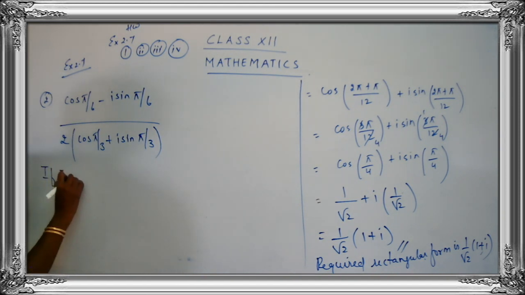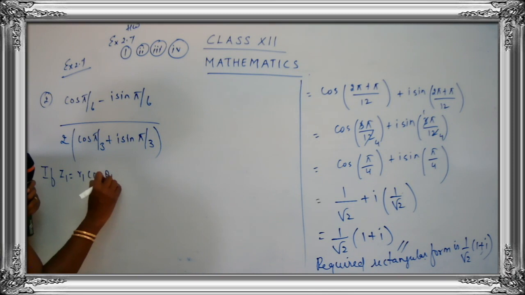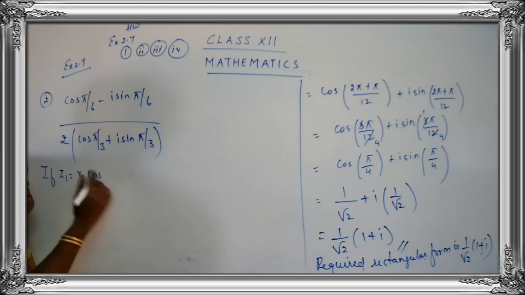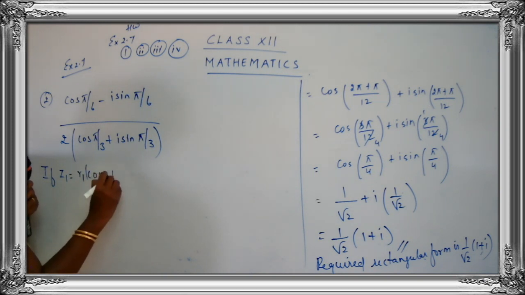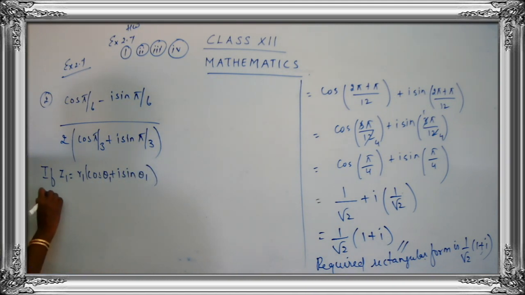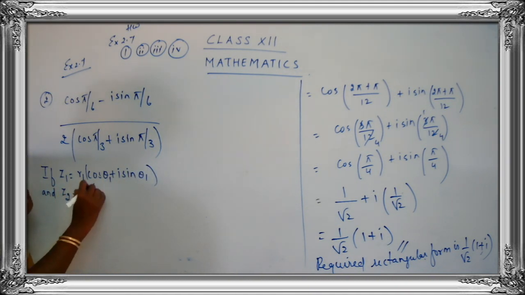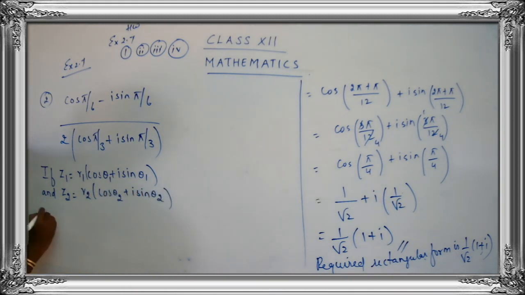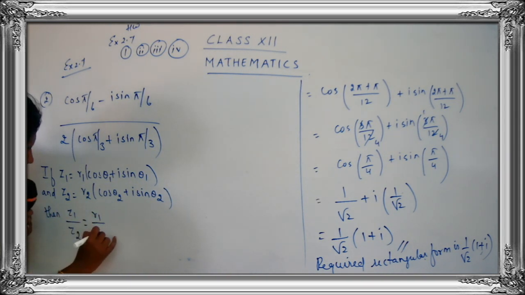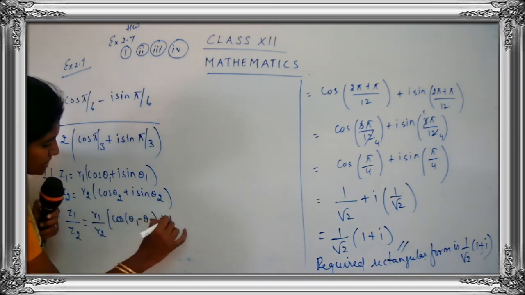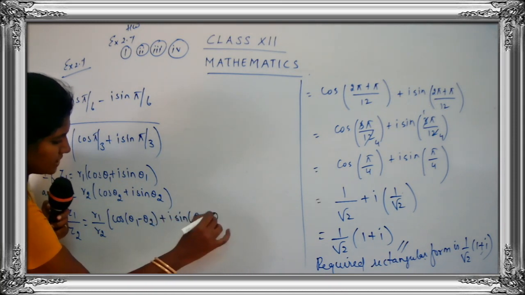If z1 is equal to r1 cos theta 1 plus I sin theta 1, this is the first complex number, and z2 is equal to r2 cos theta 2 plus I sin theta 2, then z1 upon z2 is equal to r1 upon r2 cos of theta 1 minus theta 2 plus I sin of theta 1 minus theta 2.